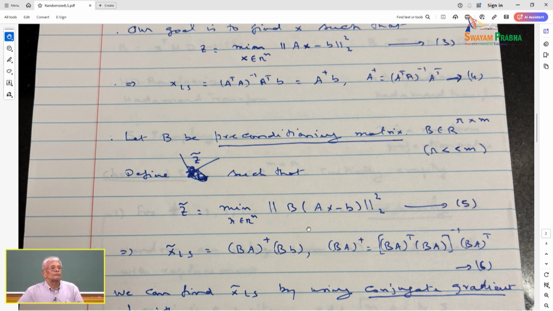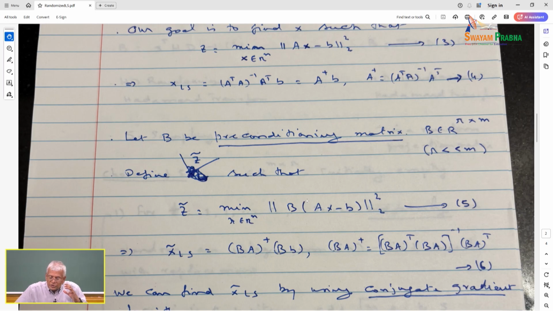So, there is nothing unusual about these symbols, I am using the same notion of the residual. Multiplying this least square problem on both sides by B is called preconditioning. If B is an identity matrix, I am not changing anything. If B is a matrix with fewer rows, I am trying to reduce the dimension.